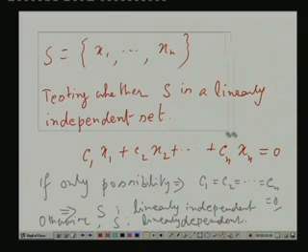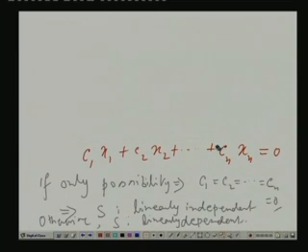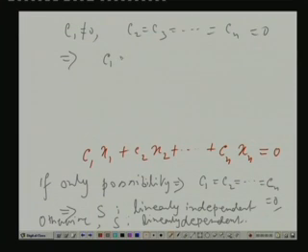So, just to verify this claim, suppose first only C1 is not equal to 0 and C2 equal to C3 equal to dot dot dot, say Cn equal to 0. What does it mean? This means C1 x1 is the 0 vector, and since C1 is non-zero, x1 has to be the 0 vector, that is the 0 random variable.